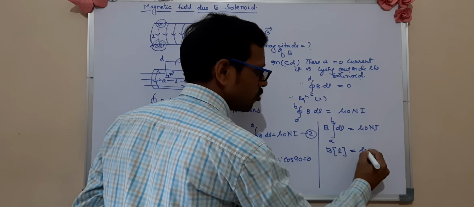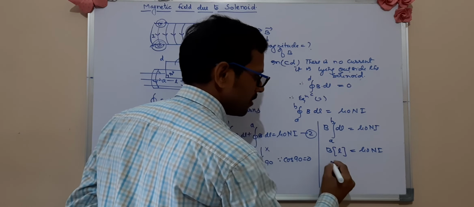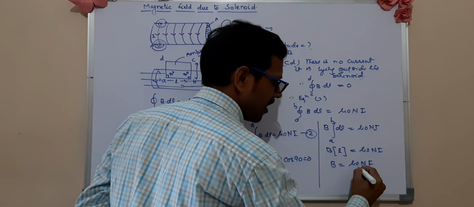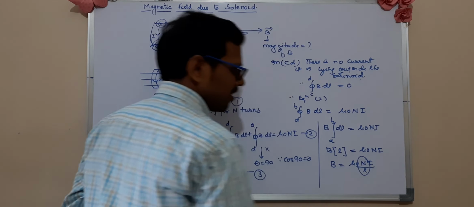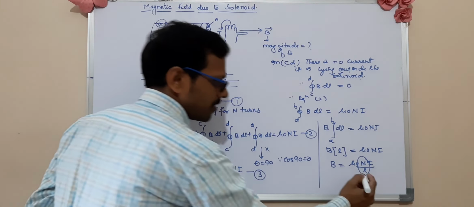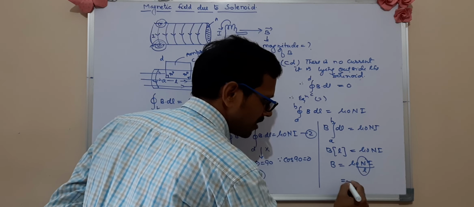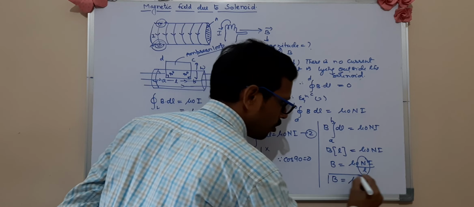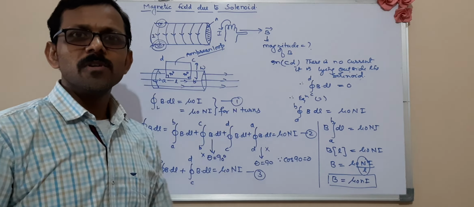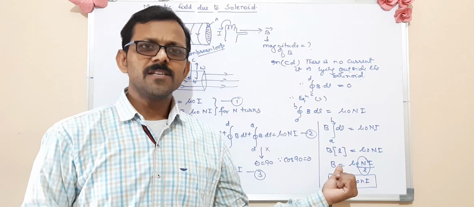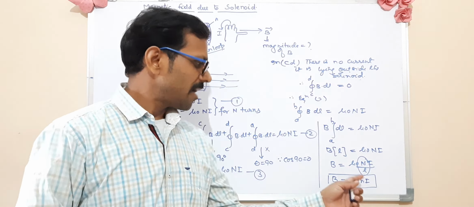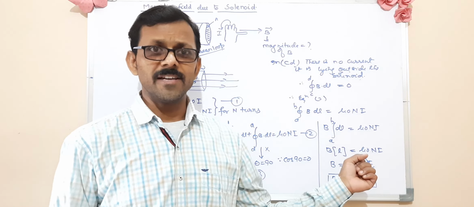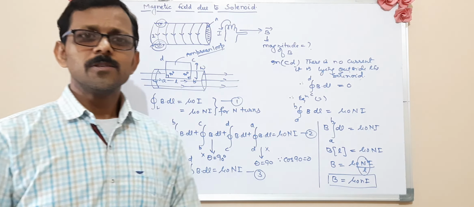So B L equals mu naught N I, and B becomes mu naught N I upon L, and this is the number of turns per unit length, which is represented by small n. Hence, the magnetic field due to a solenoid is equal to mu naught n I, where n is the number of turns per unit length. So this is today's topic. Thank you very much.